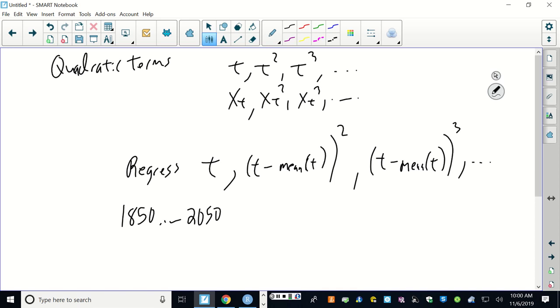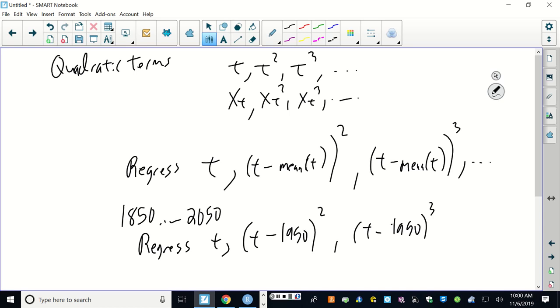I think that you could modify variables to have a convenient reference point. You could take t minus something like 1950 and square that, and t minus 1950, cubed, as you go through that.